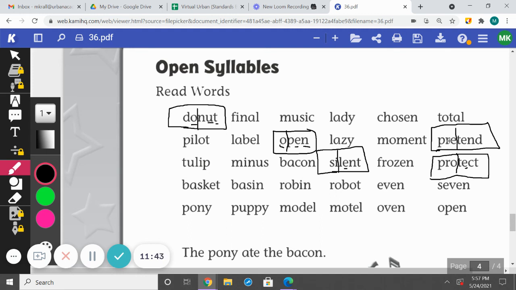We see that vowel E, and look, nothing's closing it in, so that means it's open and that it's long. So it's a long E. E. And then we have tend, our next syllable, and we have our vowel E in that syllable, but it's closed in. So it'll be a short E. So pretend.